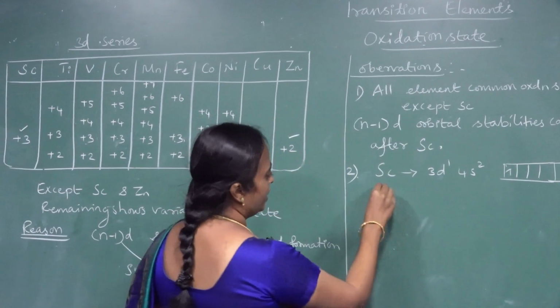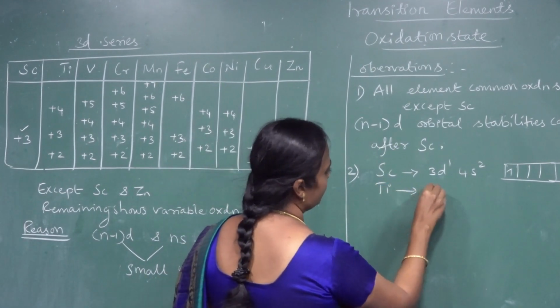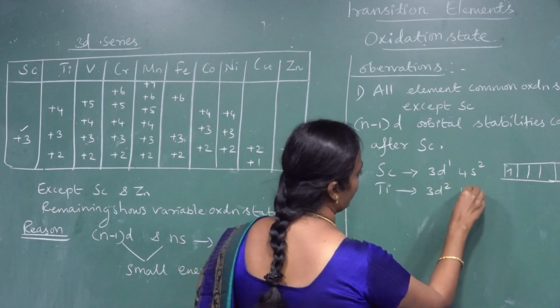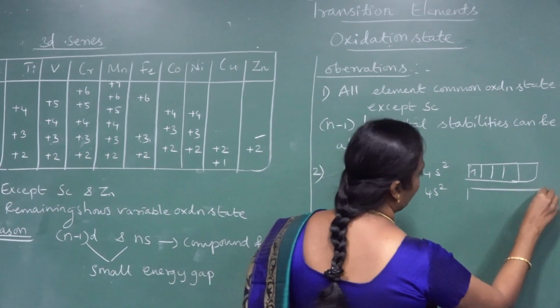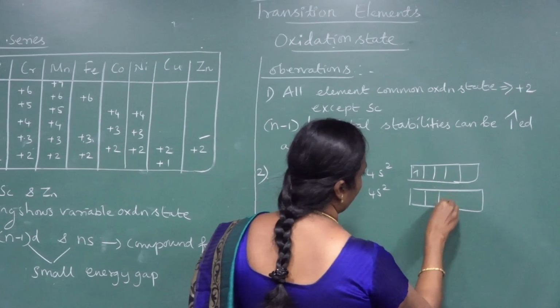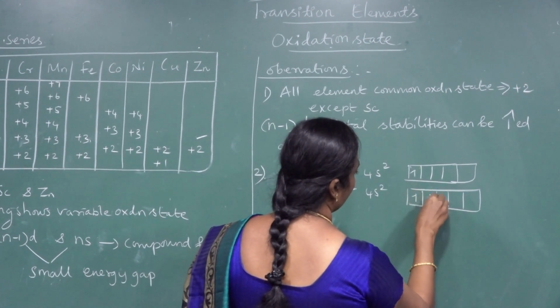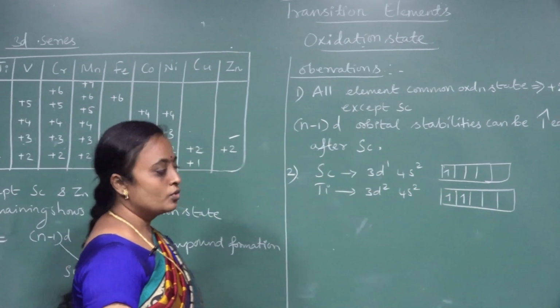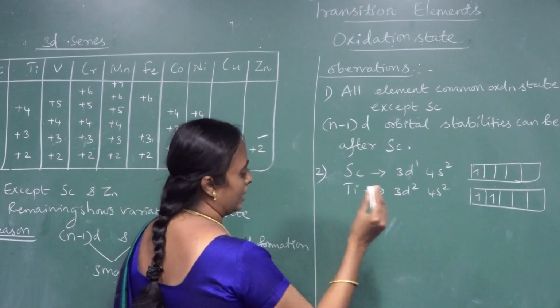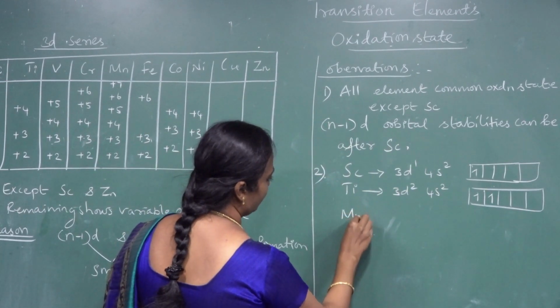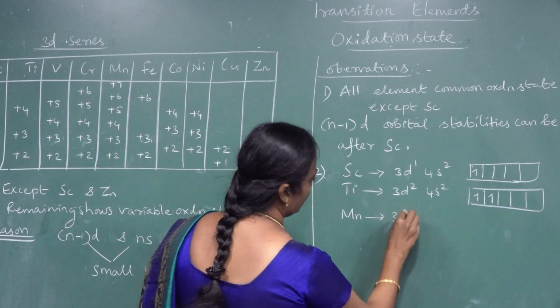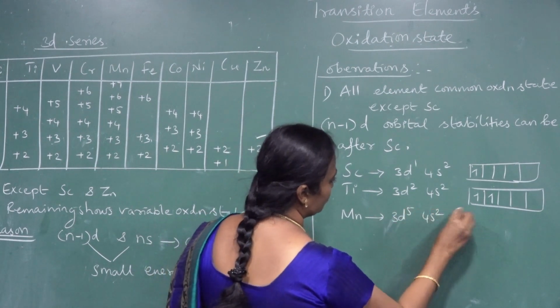Titanium is 3d2 4s2, so the number of d electrons is only 2. In the middle of the series, manganese is 3d5 4s2.